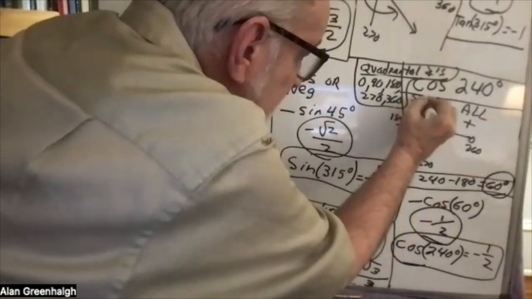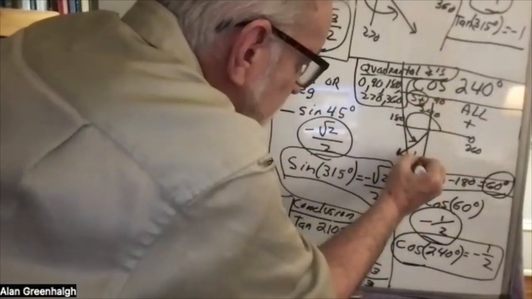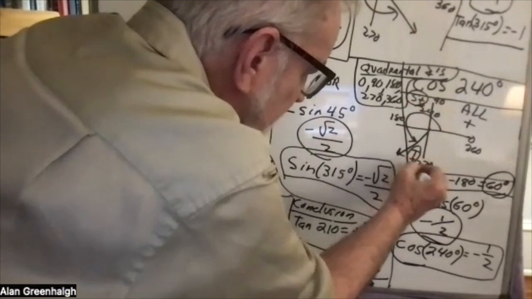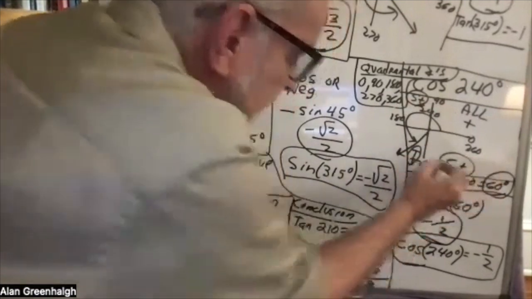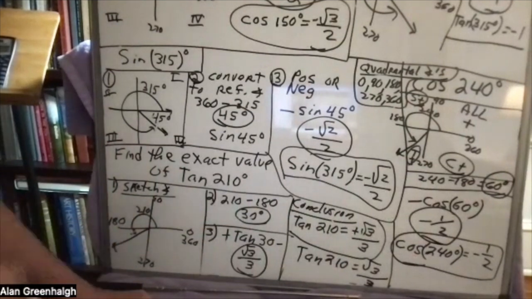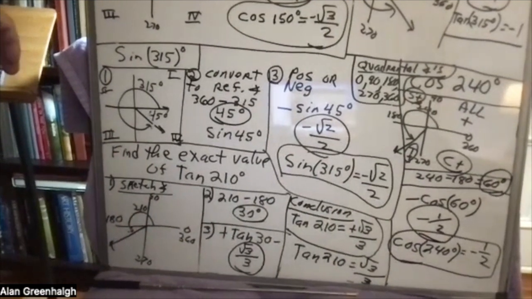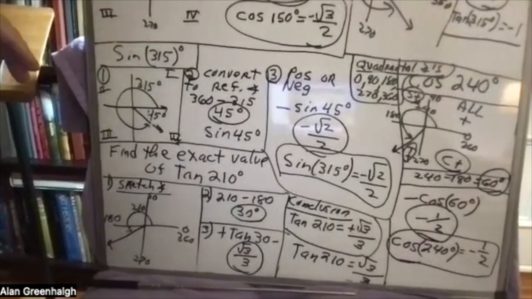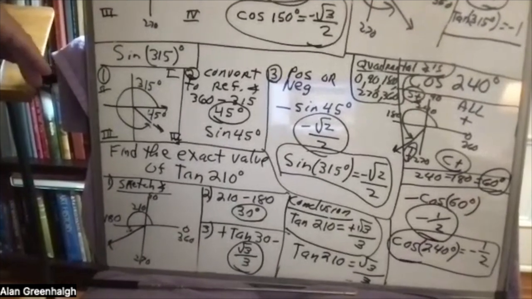In the second, only the sine is positive. In the third, only the tangent is positive. In the fourth, only the cosine is positive. That's all you need to know. And that's how you convert angles between 0 and 360, that is.